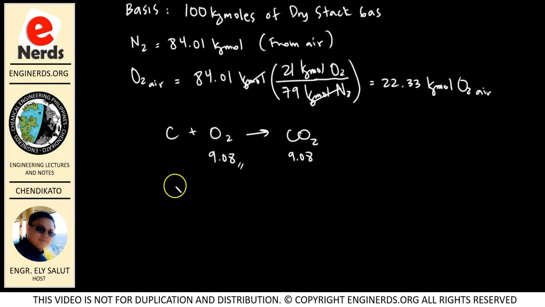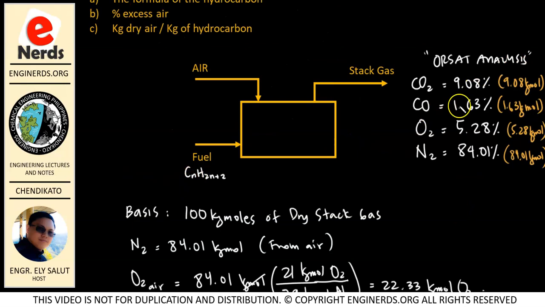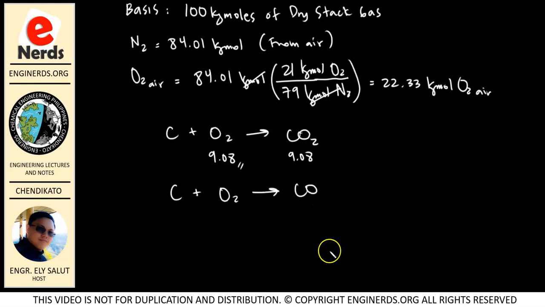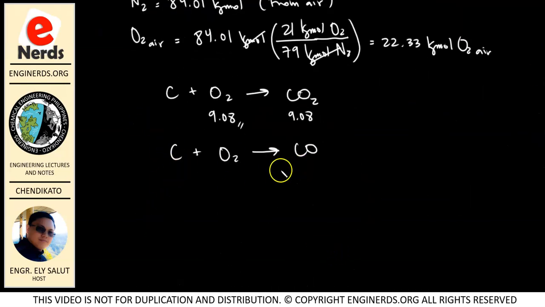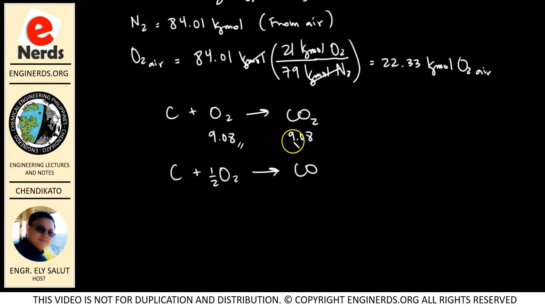How about the carbon that was converted to carbon monoxide? So, we said some of our carbon here has been converted to carbon monoxide. So, let us balance the reaction first. 1:1 carbon, and then we have only one oxygen here, so we have 1/2 of O2 here. So, how much CO do we have here? We have 1.63.